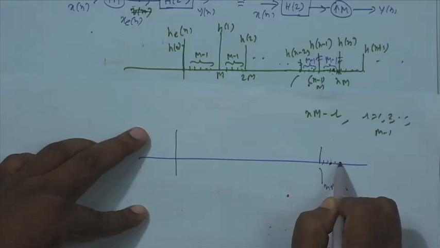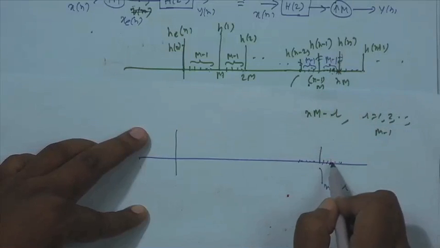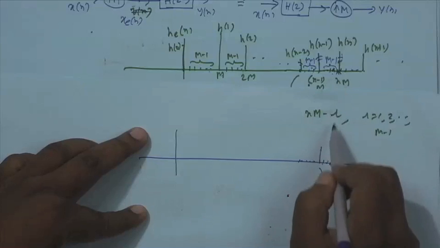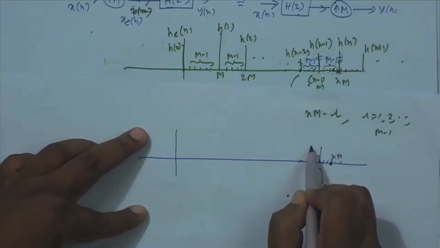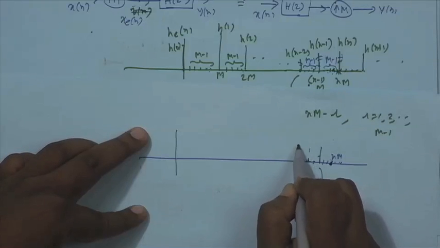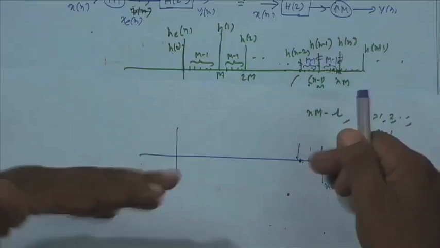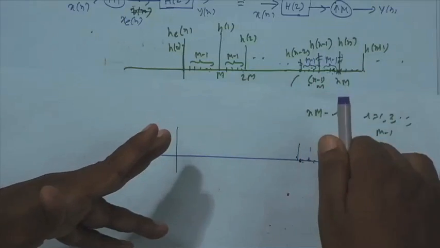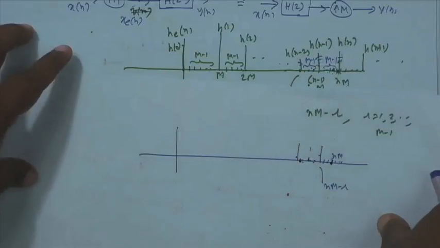So, I will have zeros. At n m, this sample will find a 0 from here, this will find a 0 from here, and this 0 block. After that there will be a sample, but that will find a 0 from there. So, like that, it will be all 0, because either non-zero into 0, or again non-zero from here into 0, otherwise 0 into 0.